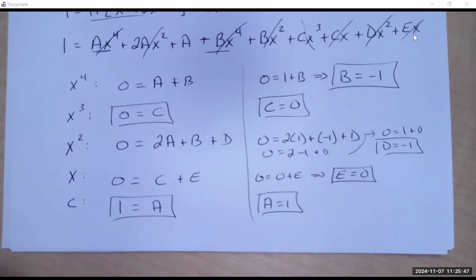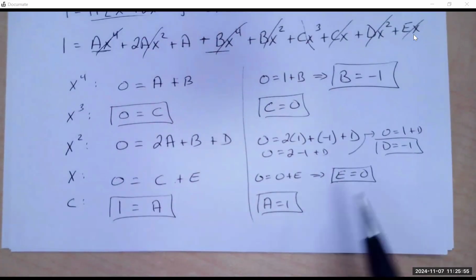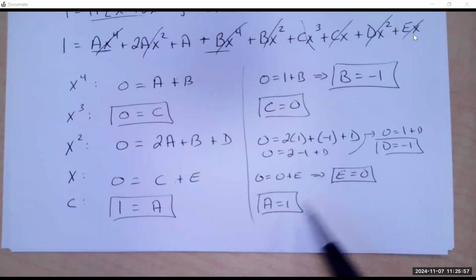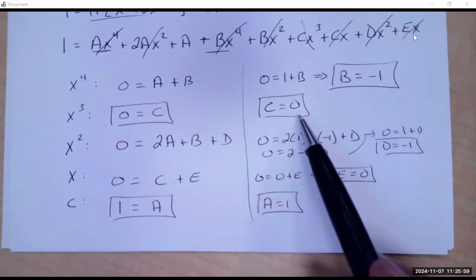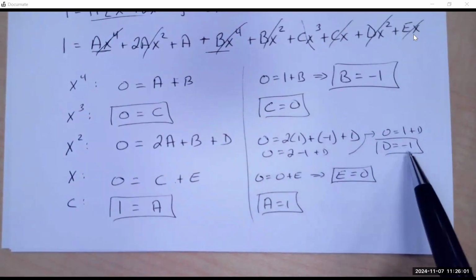And that's the only way I could compare if my numbers are the same as yours. A equals 1, B is -1, C is 0, D is -1, E 0.